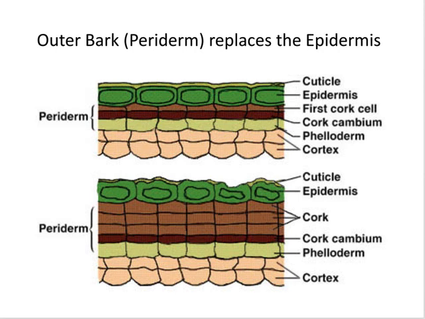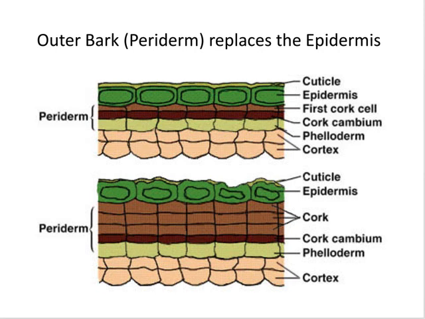Here is a diagram that shows us the relationship of all of the parts of the periderm to the epidermis and to the innermost layers. The main thing to get out of this diagram is that the cork cambium produces the cork cells to the outside and the phelloderm to the inside.